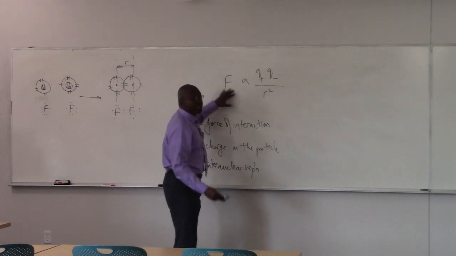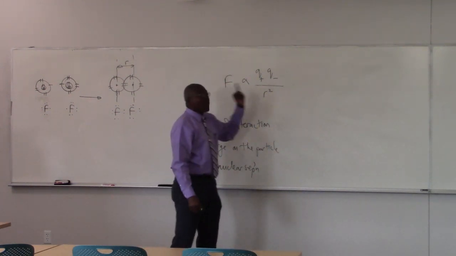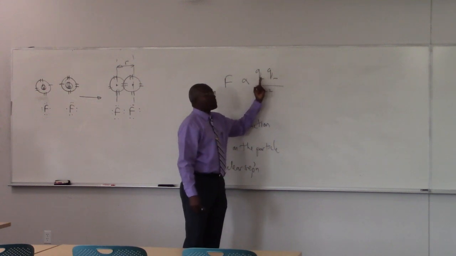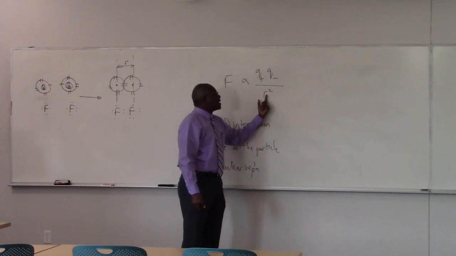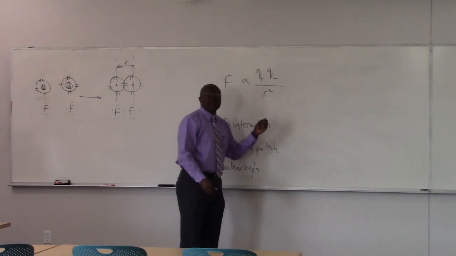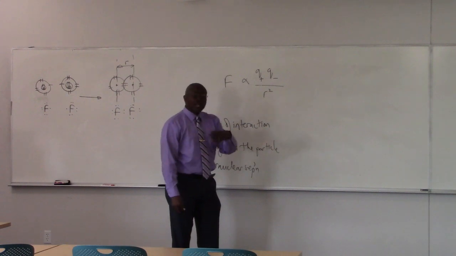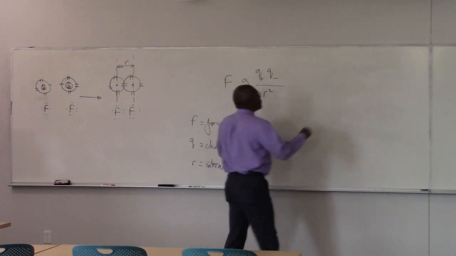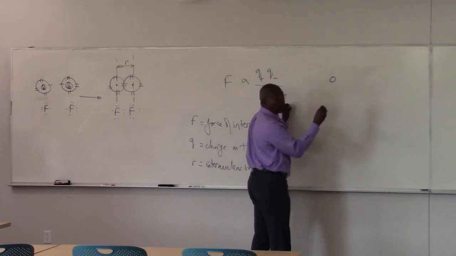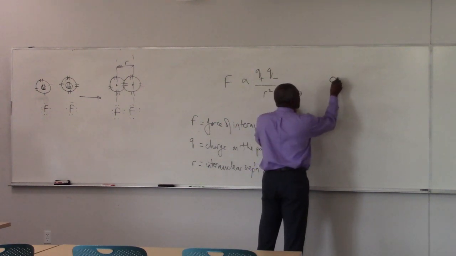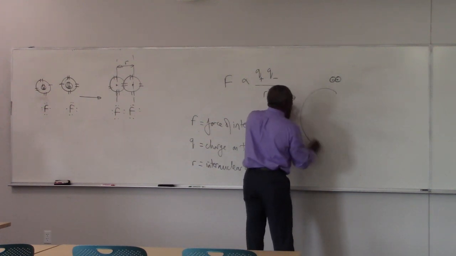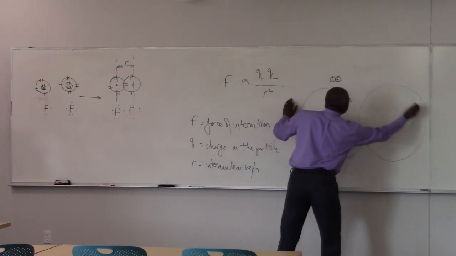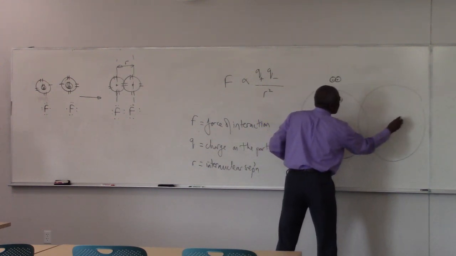So the bond strength, the force of attraction, rises with the charges on the particles and with the decreasing size of the distance between them. And we talked about this on day one, right? The reason carbon forms strong bonds is because carbon is small. And for two small atoms, the bond length, right, is short. For large atoms, the internuclear separation is long.